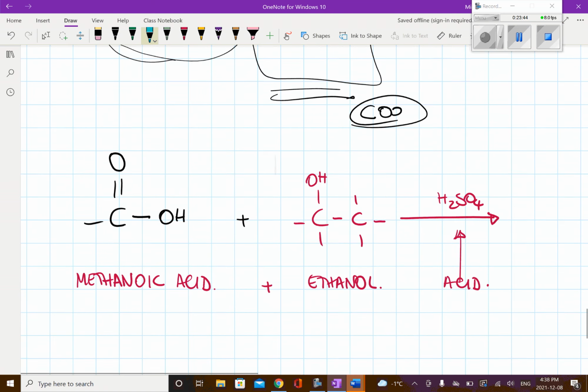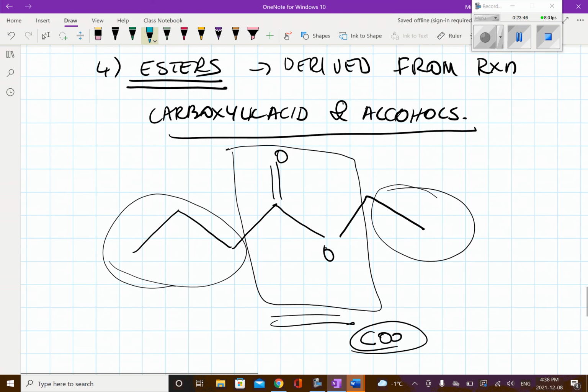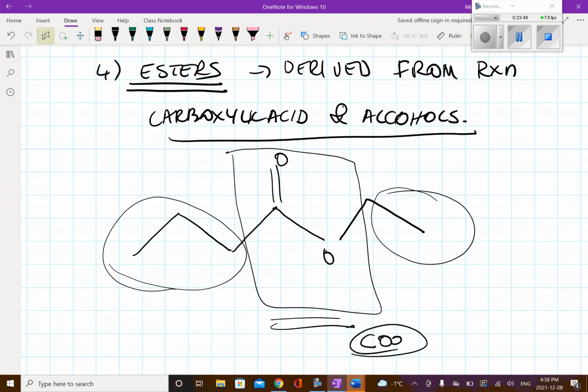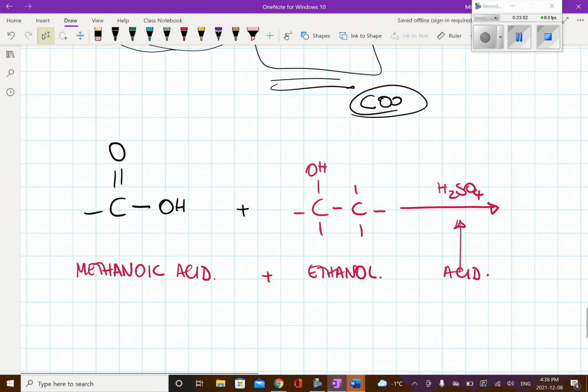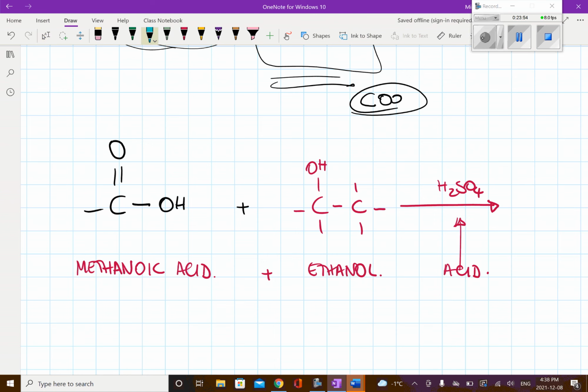It is a carboxylic acid and an alcohol. We have a carboxylic acid here, and we have an alcohol here. We'll talk about this even more later. So what is happening here?